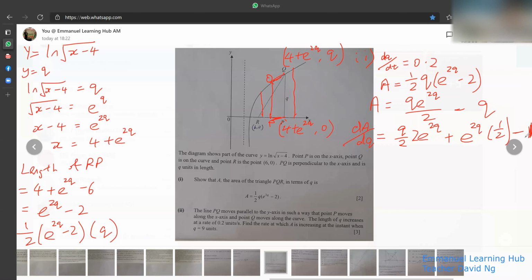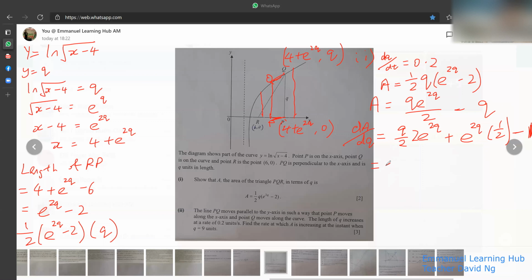You differentiate Q is 1. This step, okay, you apply your product rule. You keep Q over 2, differentiate this value, you get this. Then I keep this value, right? I differentiate Q over 2, I get half. Clear? dA/dQ.